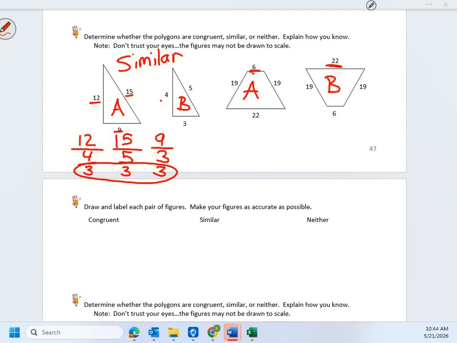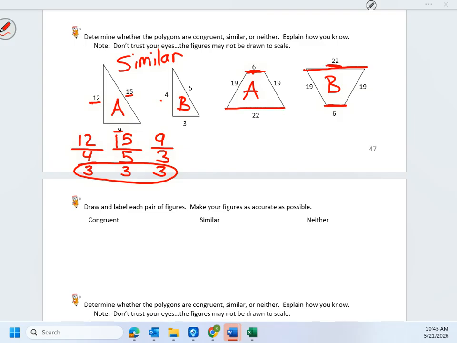You have to flip the shape. Sometimes, remember I said you have to flip or turn to match up your sides. So if this is my short side on A, I want to match that with my short side on B. So you always have to think, is it a corresponding side? You can tell short side to short side, long side to long side.